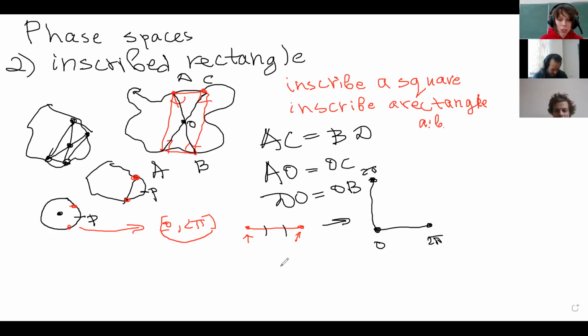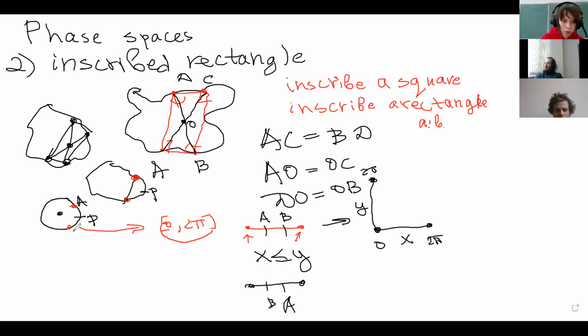So let's call this segment X, this segment Y. Let's consider just points where X is less than or equal to Y. This will eliminate, for example, the situation where this is point A and this is point B, and the second situation where this is point B and this is point A, which are actually the same on the circle. So this inequality will eliminate such situations.